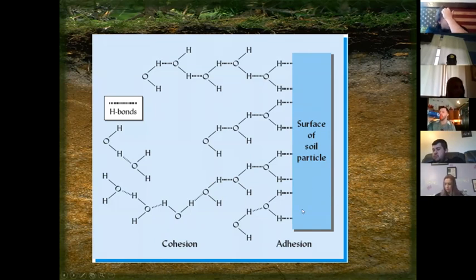But we also get a phenomenon called adhesion, and that's when we get attraction of hydrogen for a soil surface or a soil particle. Did I tell you guys that soil particles are charged yesterday? I absolutely did. Do you remember what charge they usually have?